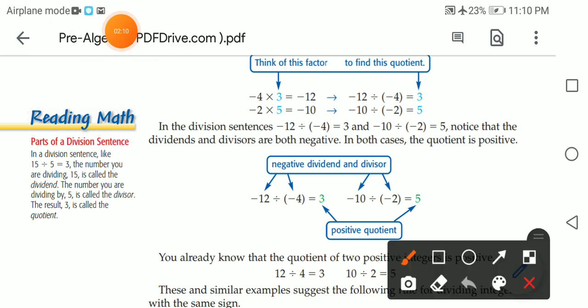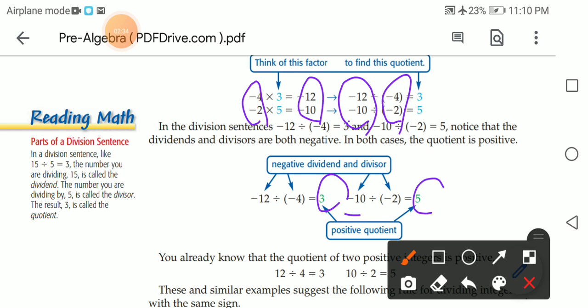Do you remember the dividends and the divisors? Negative divided by negative gives me a positive quotient.